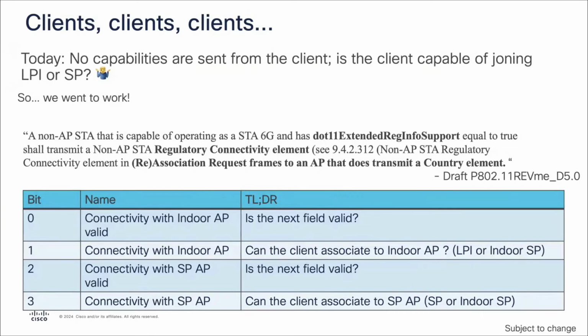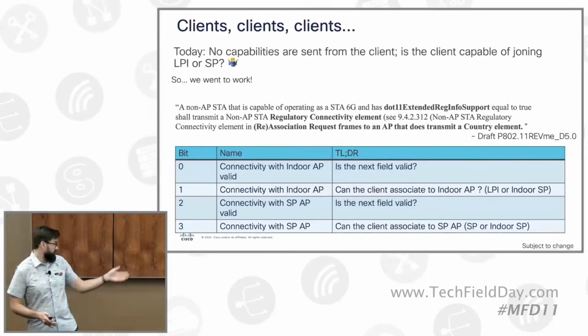So assuming this all gets voted through, we're going to have elements in association and reassociation telling you, hey, I'm capable of LPI, or hey, I'm capable of standard power. There's also indoor SP, and we'll talk a bit about it in a moment. But super exciting. It's one of the problems we identified industry-wide, and we went to work, went to IEEE and said, listen, we need to fix this. And it looks like it's getting fixed.